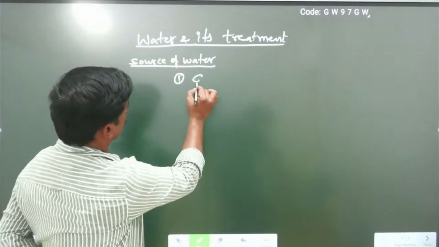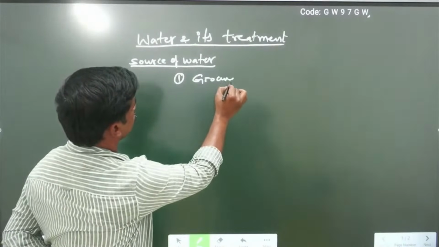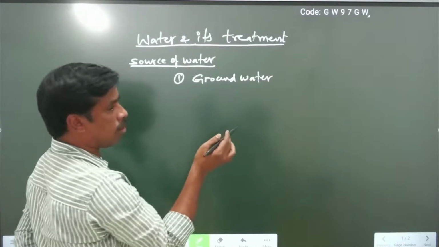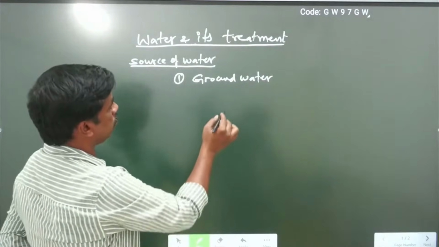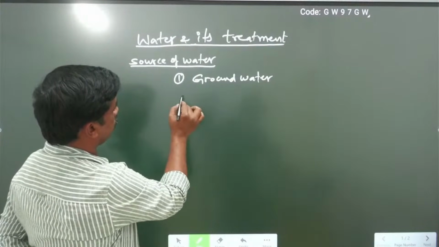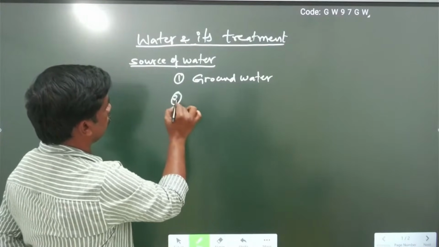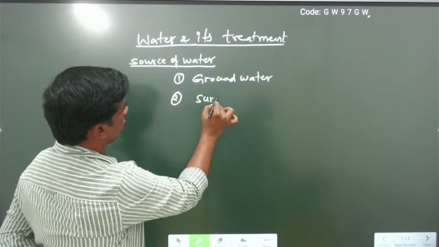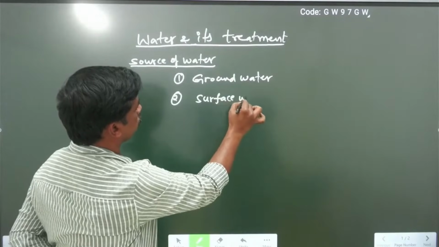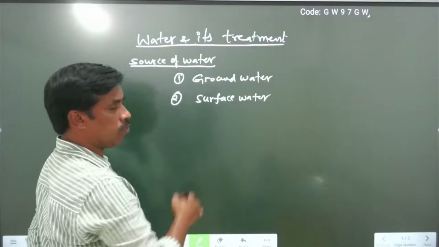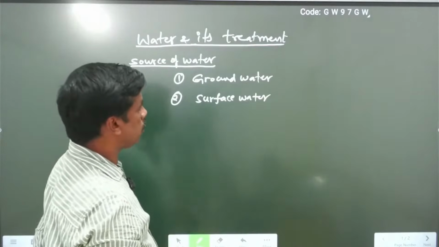One is groundwater, such as pond and borewell water. The second one is surface water, majorly rainwater, river water, lake water, etc.